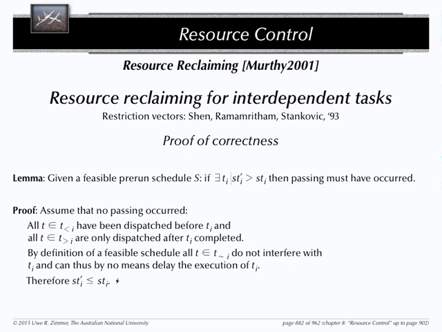For that, we set up a lemma which basically says that if you have a feasible pre-run schedule and we have any task where the starting time is delayed, parsing must have occurred.